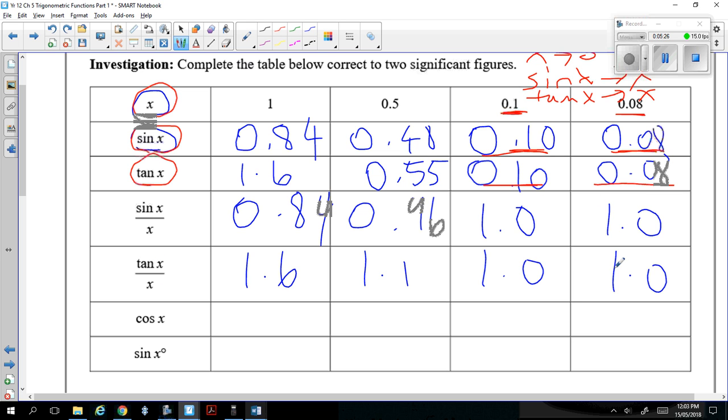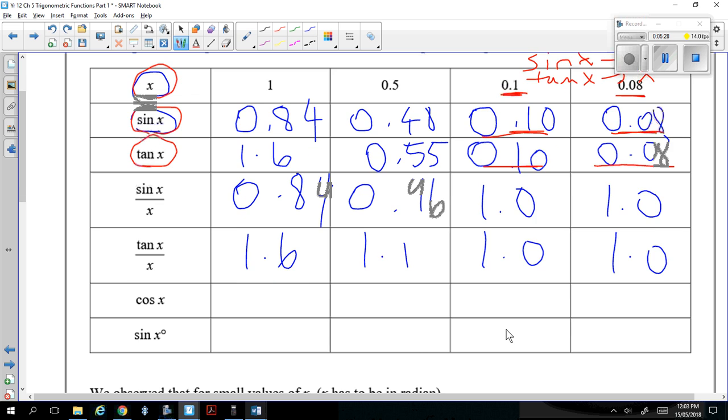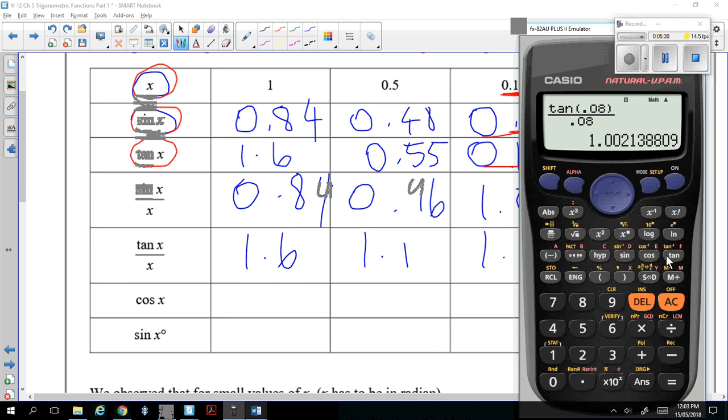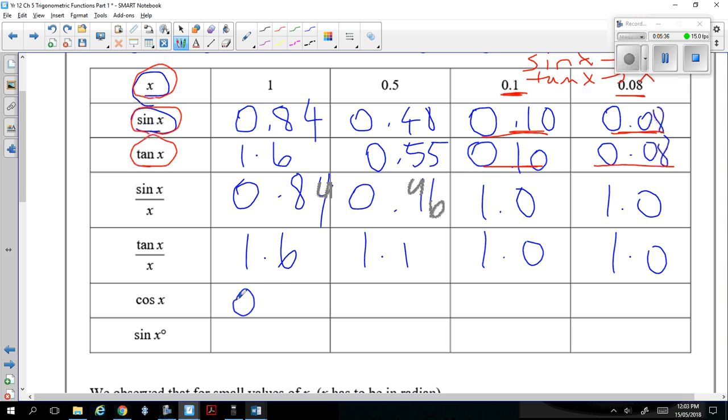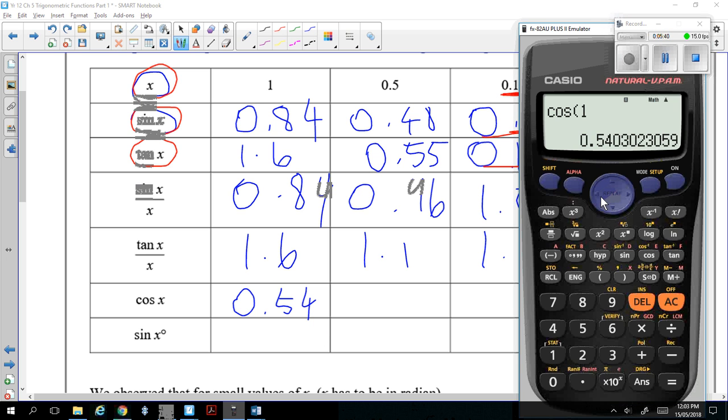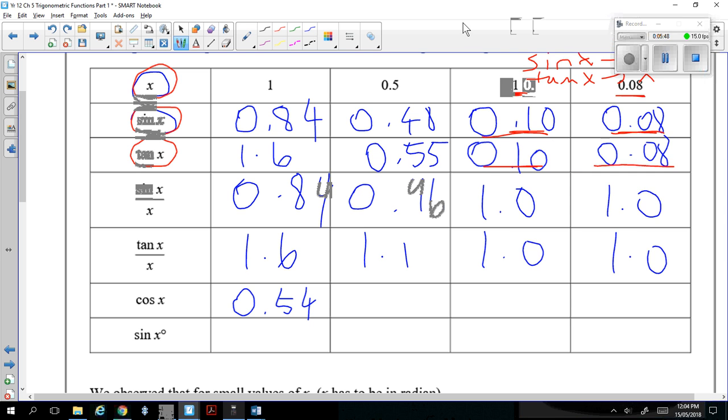How about cos x? Does it work with cos x? So you do cos 1, you get 0.54. And then cos 0.5, you get 0.88.